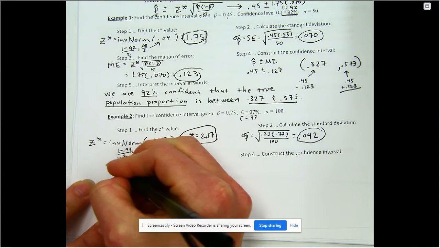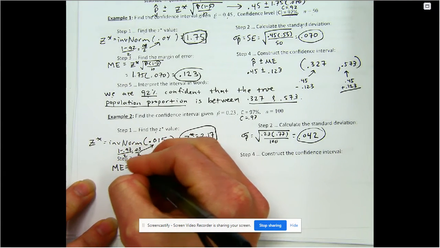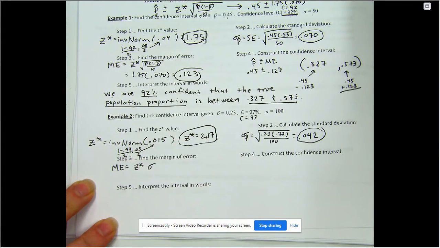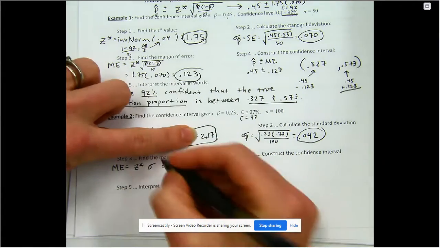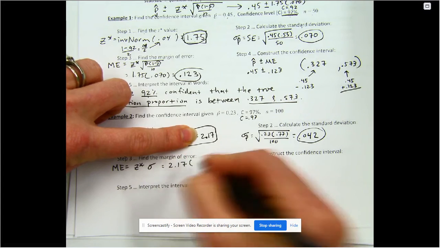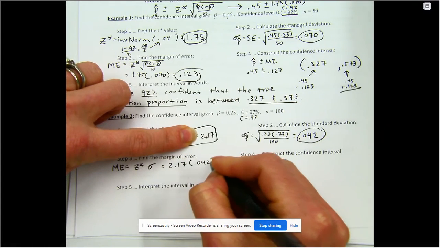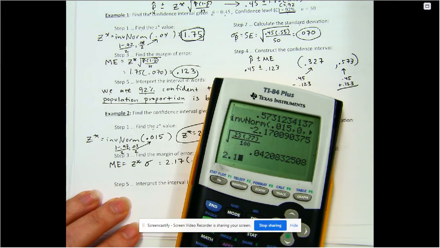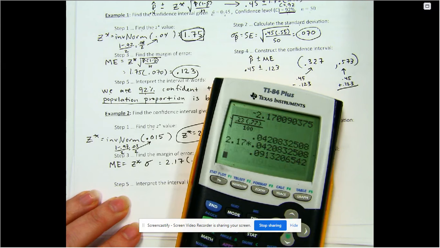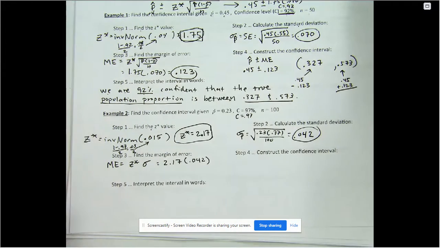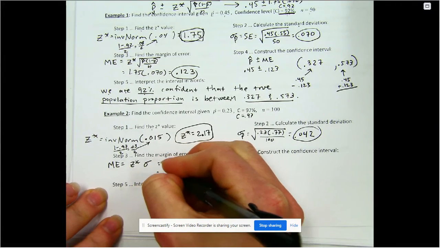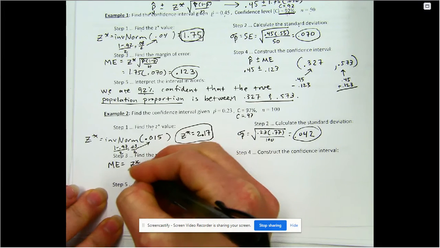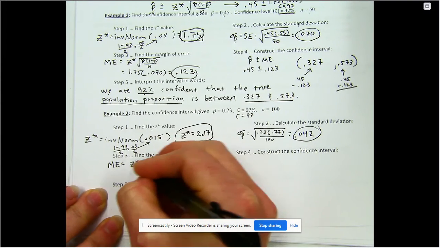Remember, my margin of error is just my critical value times my standard deviation. So that's 2.17 times 0.042, and I get 0.091. 0.091 is my margin of error.